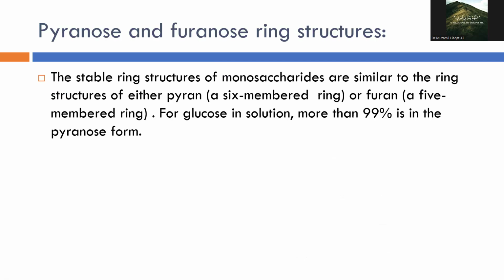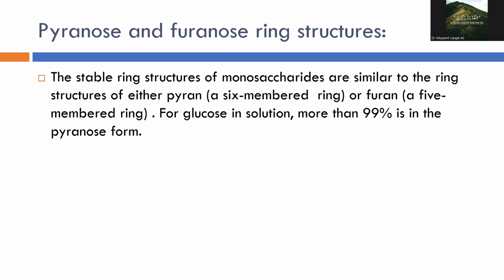Let's talk about the pyranose, the 6-membered ring, the glucopyranose. In aqueous solution, more than 99% of the glucose exists in pyranose form because it is thermodynamically more stable. Now the furanose, the 5-membered ring, like fructofuranose or ribofuranose in RNA. This ring nomenclature is derived from the heterocyclic compounds pyran and furan.